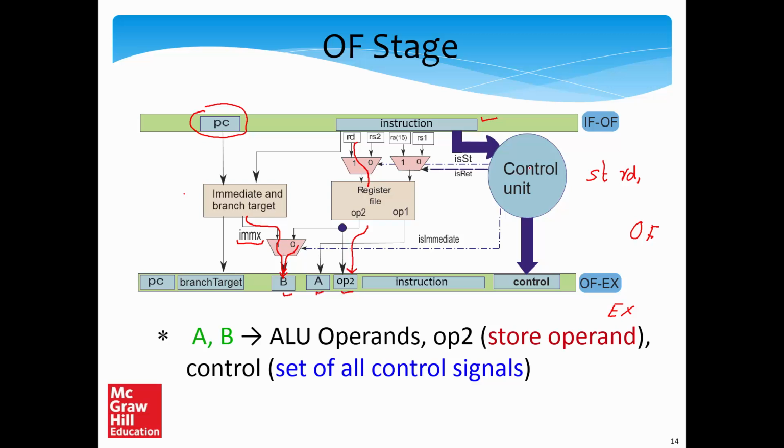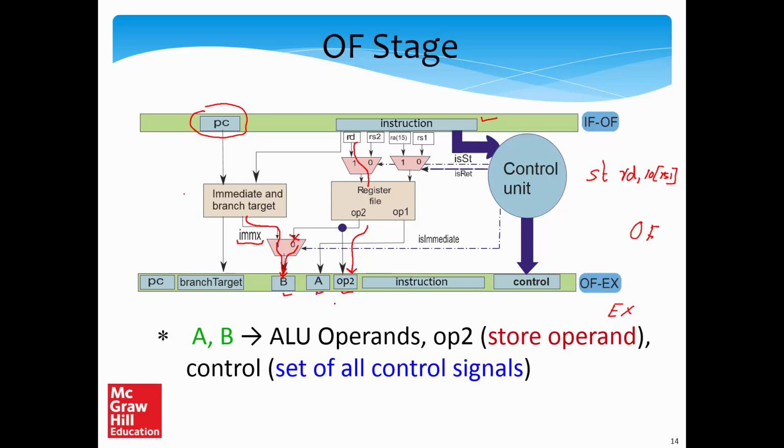But also mind you, the immediate flag is 1 for a store because the immediate stores the offset, which we add to the base register, which is RS1. So basically the immediate also needs to be stored. Since the immediate flag is 1, this will not get stored, the immediate will come in.